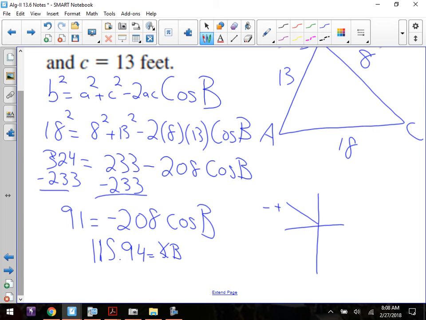Do I now have an angle and its side opposite? Yes. And then I just use law of sines on there. Should we just make it a rule for this year that we don't have to worry about the ambiguous case with cosines? Okay. I think we're okay with that.